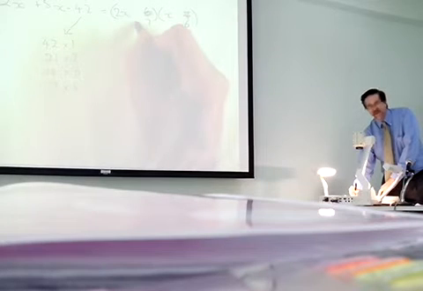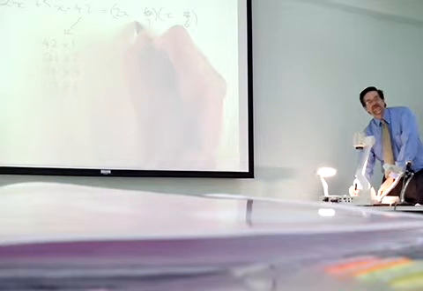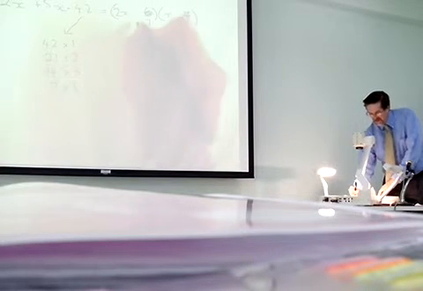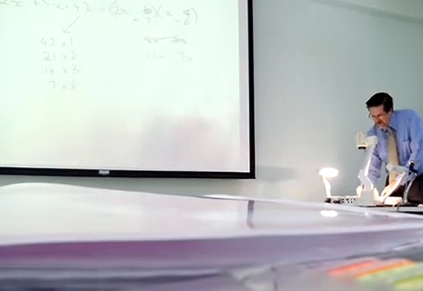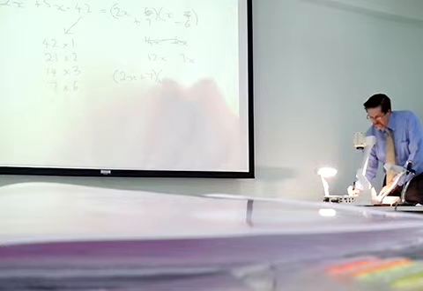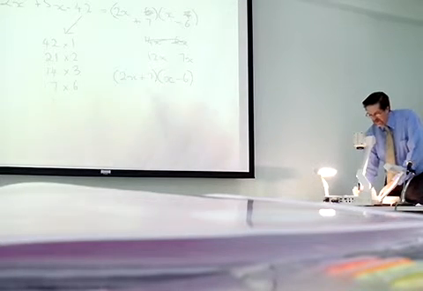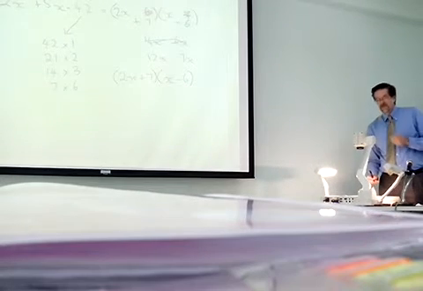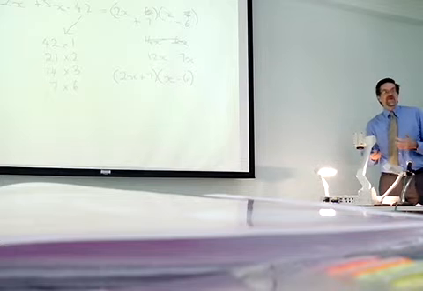We want plus here or minus? Plus, okay? And minus, right? So the answer that we think is correct is that answer. So let's just check that we got it right.